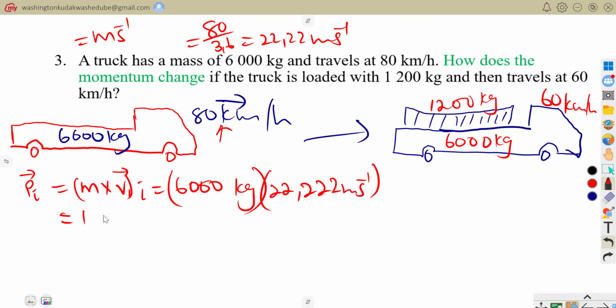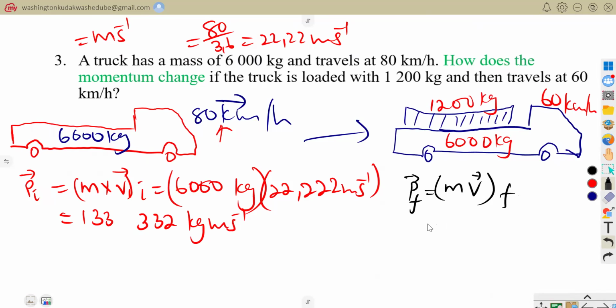So our initial momentum was 133,332 kg meters per second. And then what was our final momentum? It is given by mass times final velocity.